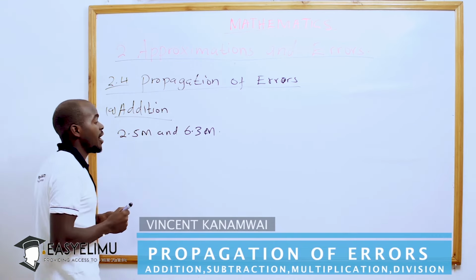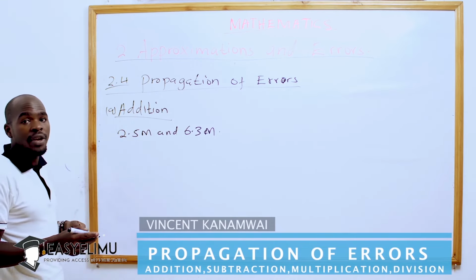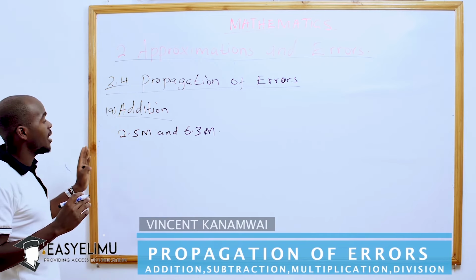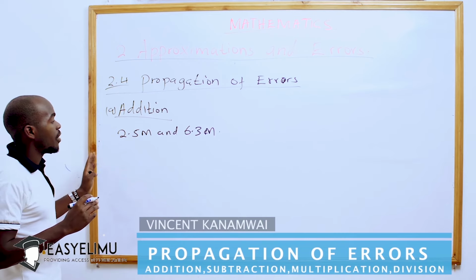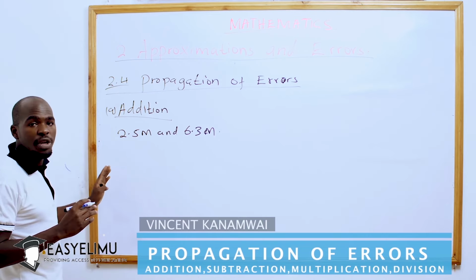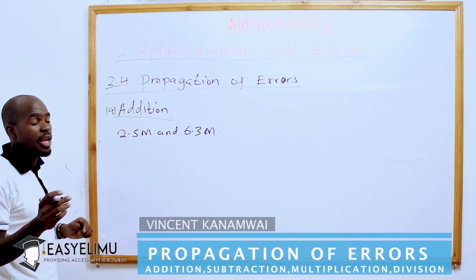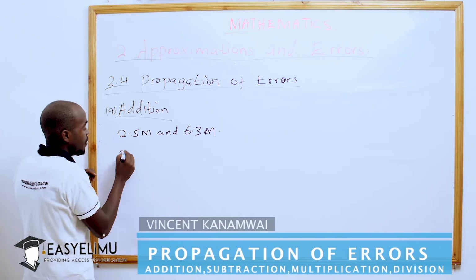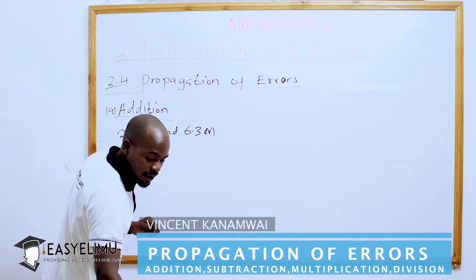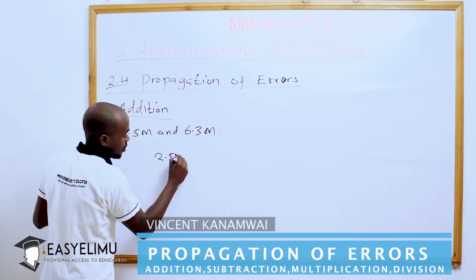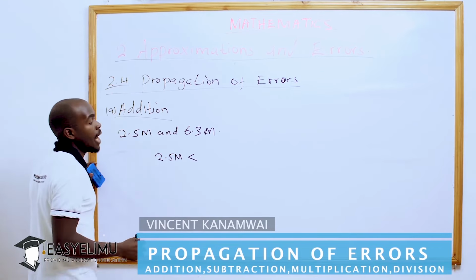What we shall do here is find the lower limit of each measurement and also the upper limit of each measurement. For instance, having 2.5 meters in this case, we can find its upper limit.